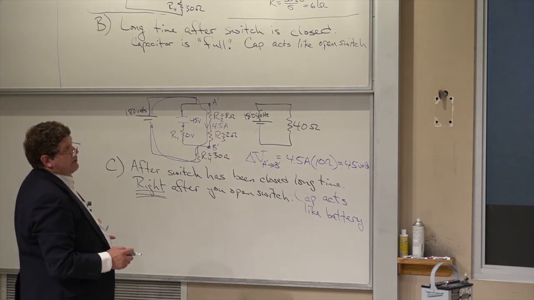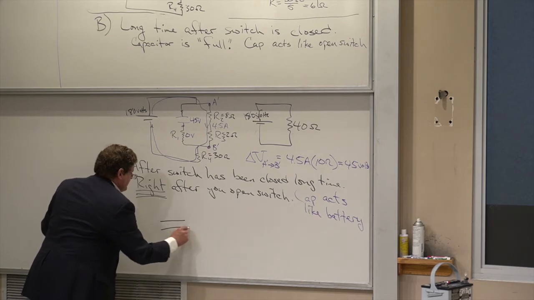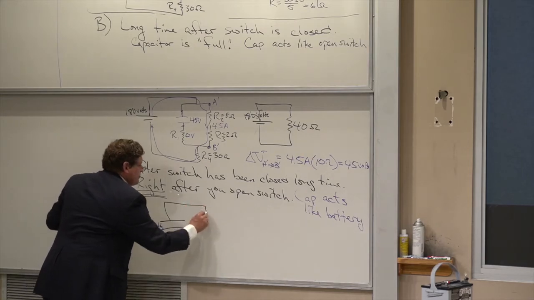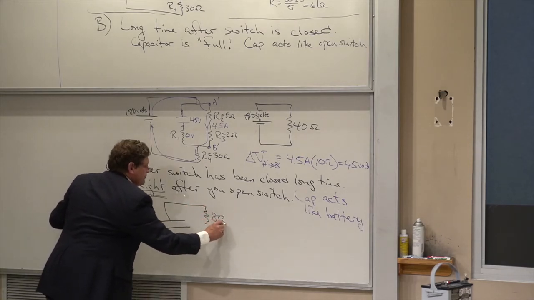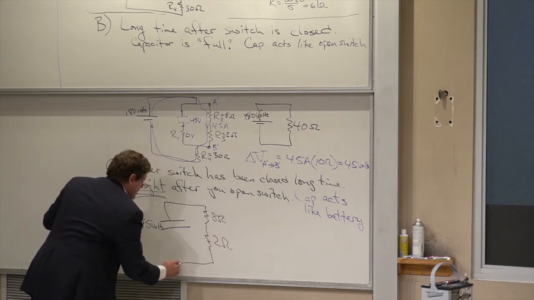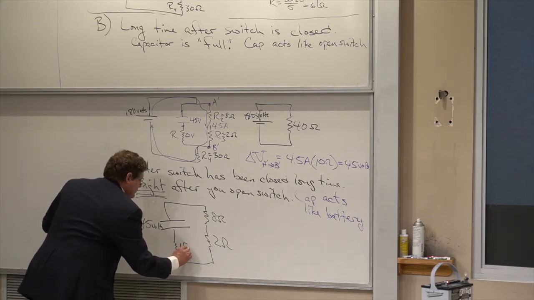The battery is no longer part of the circuit. And so all I've got now is a capacitor that's got 45 volts across it, hooked up to an 8 ohm resistor and a 2 ohm resistor and a 15 ohm resistor.